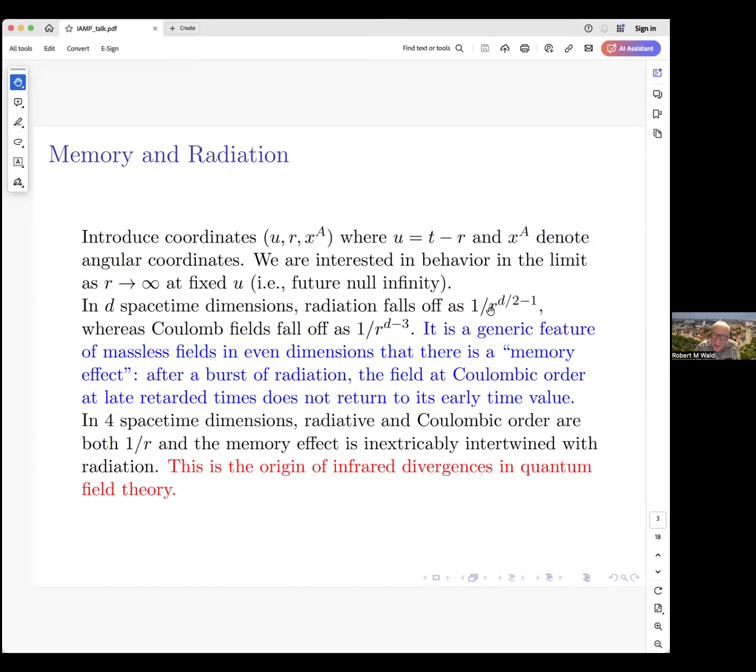What is a remarkable accident, though, is that in 4 space-time dimensions, these two quantities are both 1 over r. So this basically Coulombic effect gets inextricably intertwined with radiation effects. And as I'll explain now, this memory effect is the origin of infrared divergences in quantum field theory.